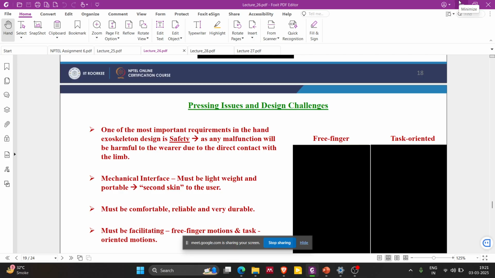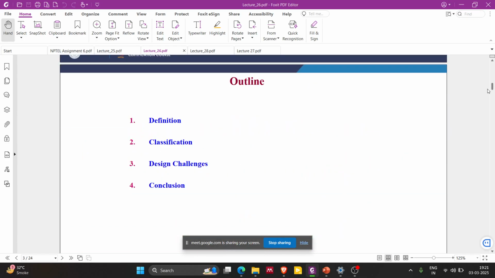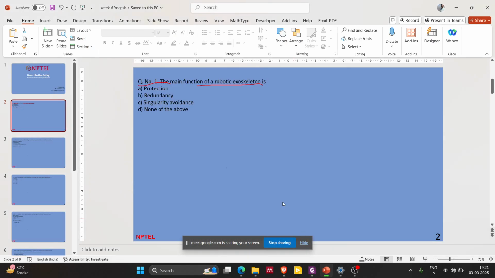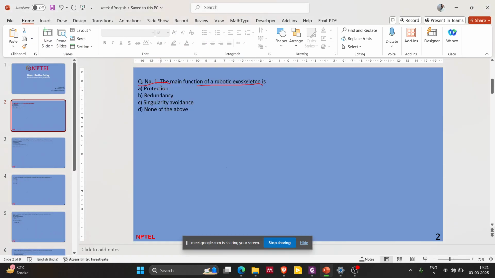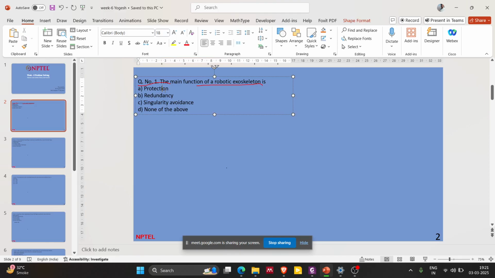Let's say a question has multiple options, and it says choose only one. Protection is there, enhancement is there, and support is there, and you want to choose only one. Then the first preferable choice will be protection, or safety, because protection is one of the main objectives of a robotic exoskeleton: it protects or supports your body.